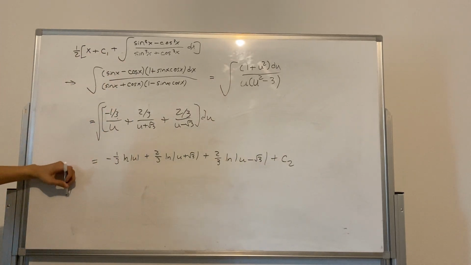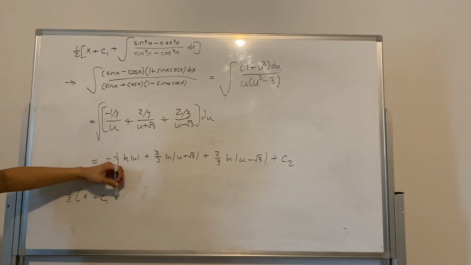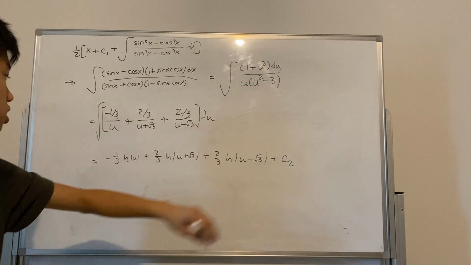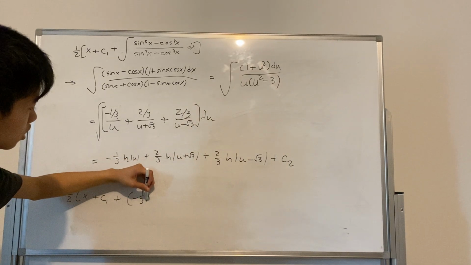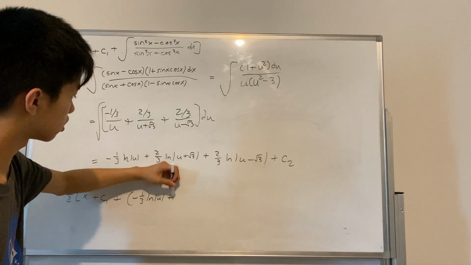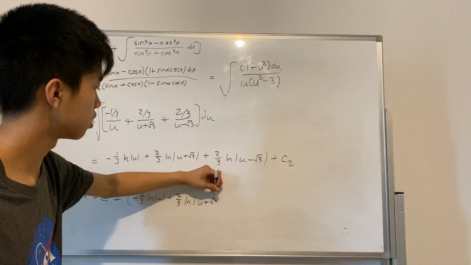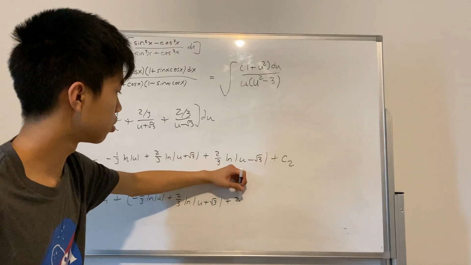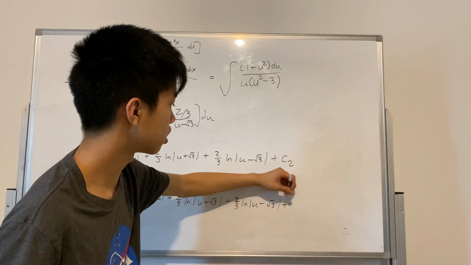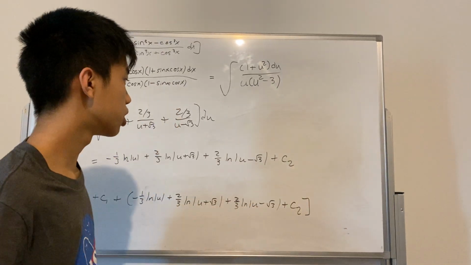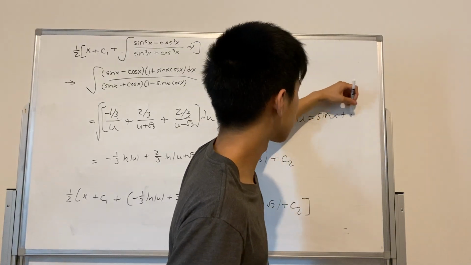So we have 1/2 x plus c1 plus all of this: negative 1/3 ln u plus 2/3 ln of u plus root 3 plus 2/3 ln of u minus root 3 plus c2. But as you remember, our u substitution is u equals sine x plus cosine x.